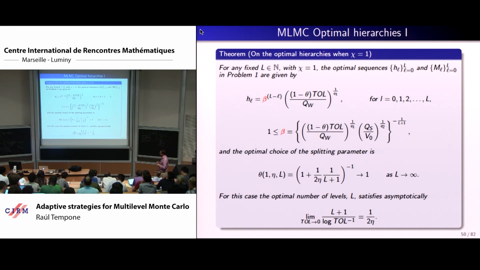So theta essentially goes to 1. Why? Because eta is fixed and L goes to infinity. So this theta is going to 1. All right? So asymptotically, you're putting most of your error allowance to the statistical error, not to the bias. And of course, the level behaves like log of the tolerance and with this constant.